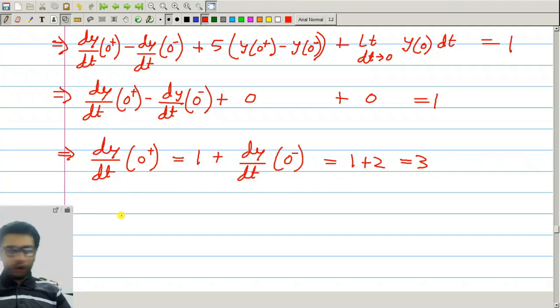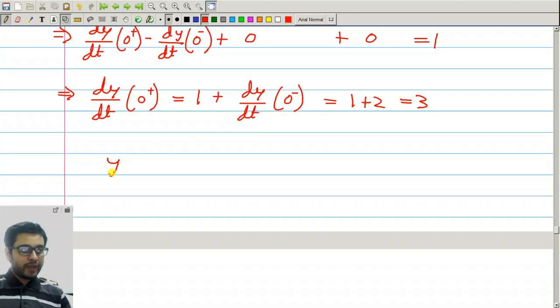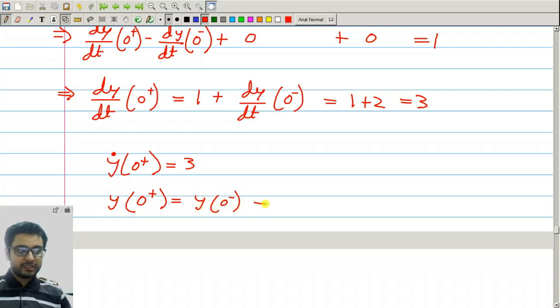So we got y dot 0 plus is equal to 3, and we already know that y 0 plus is equal to y 0 minus, which is given in the question as 1, because we have argued y should be a continuous function.